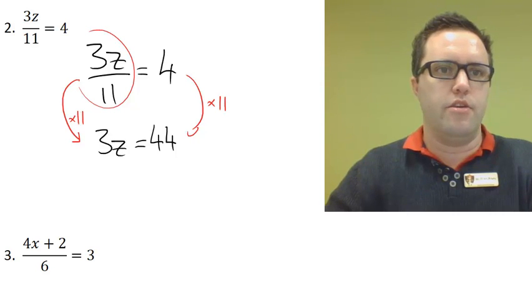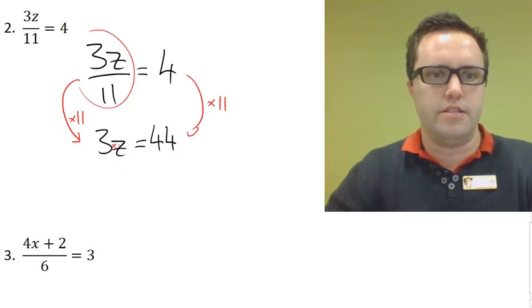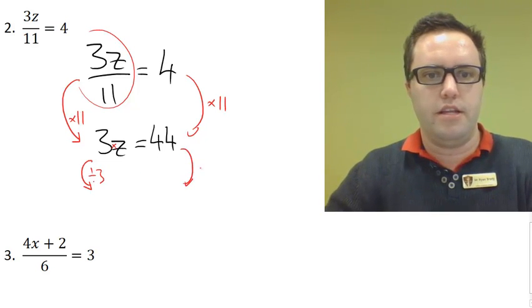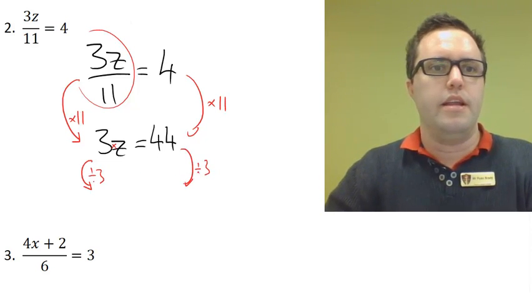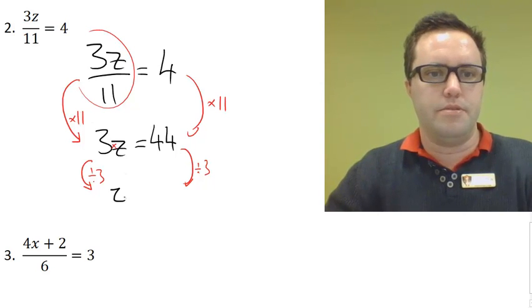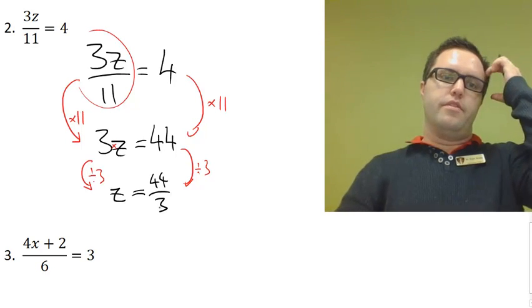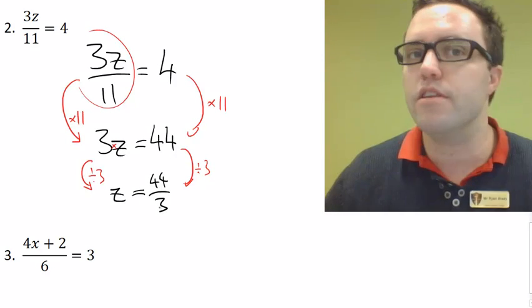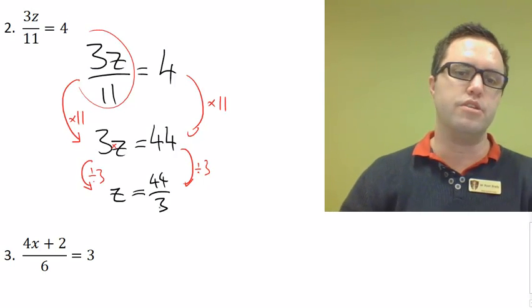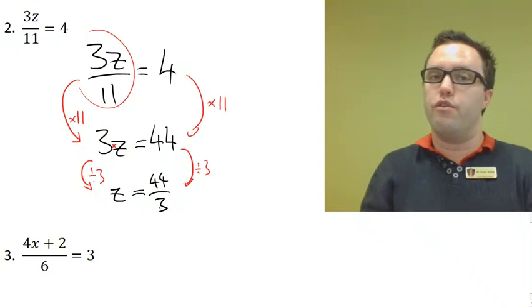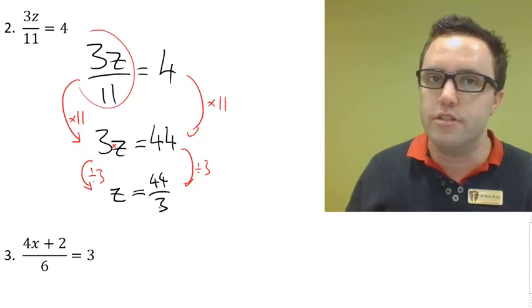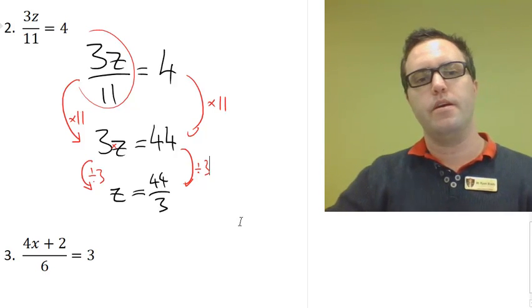And to get to our z here, we realize this is 3 times z, so then we need to divide by 3 and divide by 3. Now, this is not going to end up as an integer answer, so we're left with z equals 44 divided by 3. Now, I'm quite happy for you to leave it like that. You don't need to convert it to a decimal, you don't need to do anything crazy, just leave it as 44 over 3. That is the solution to that equation, okay?